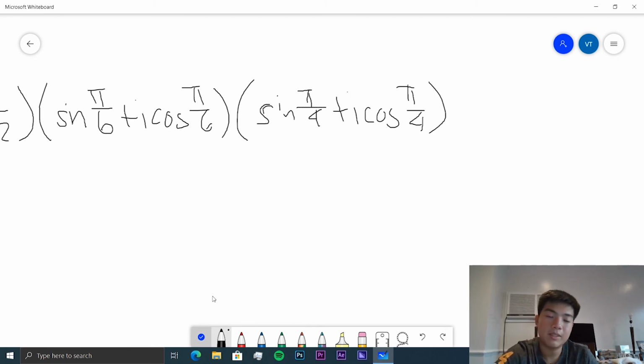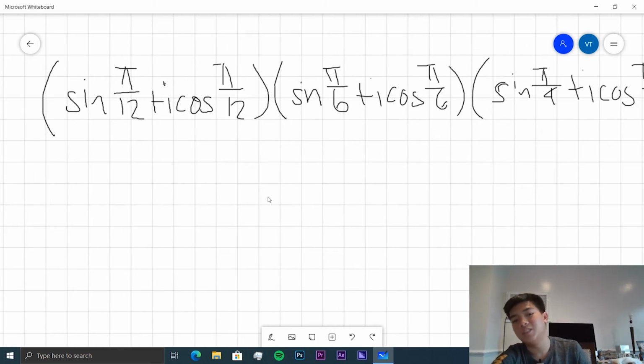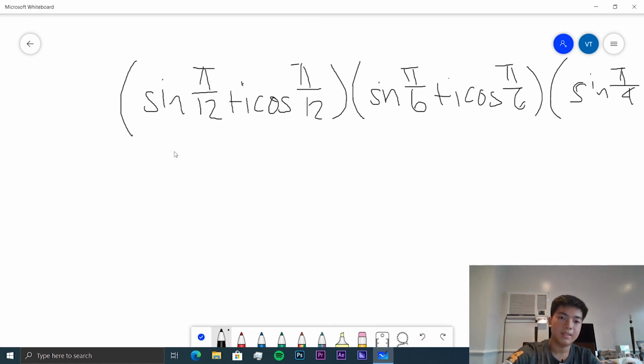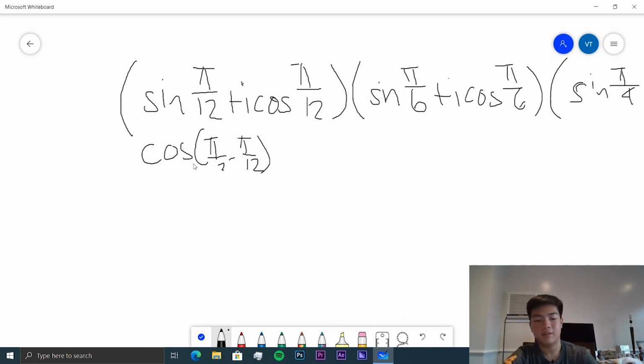And so the thing is, we need to convert all of these into polar form first. We know that this number is equal to cosine pi over 2 minus pi over 12, so we can use this to our advantage.